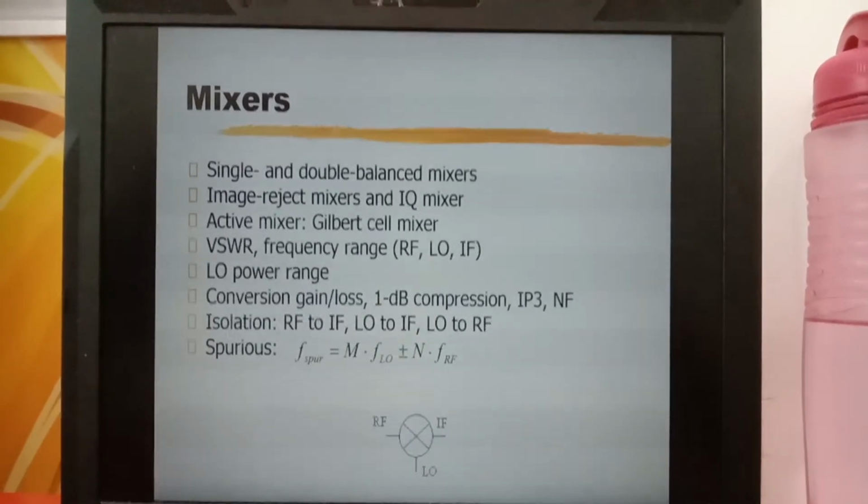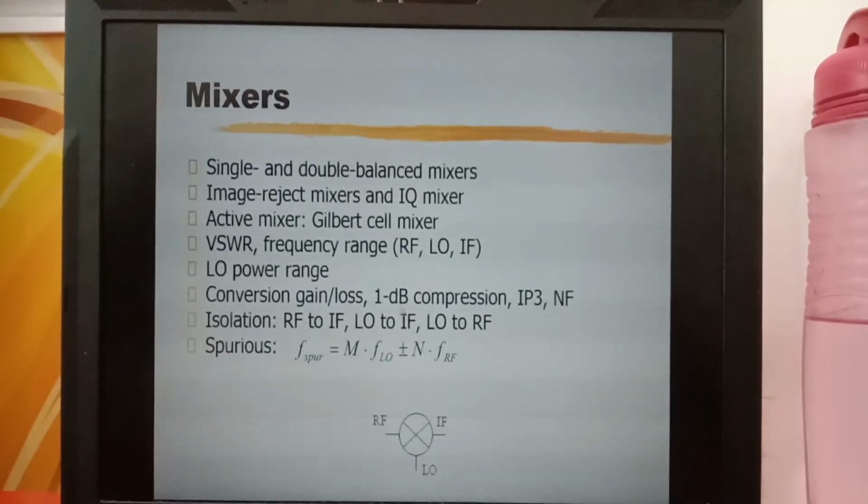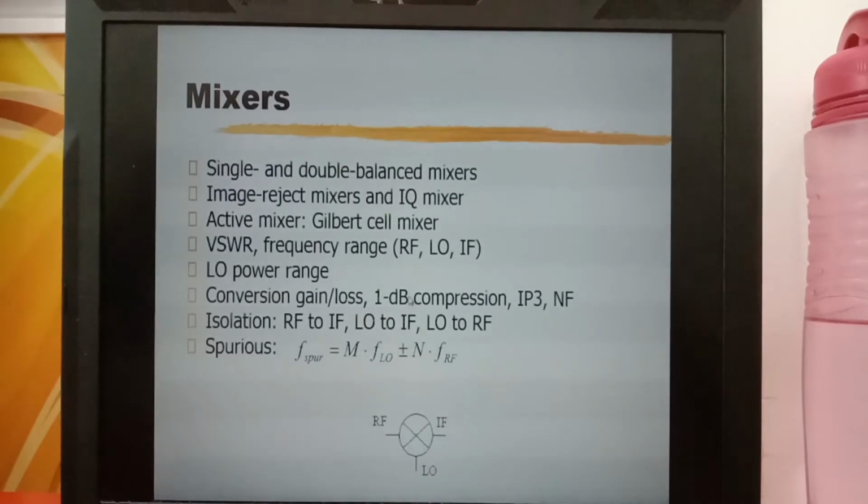When a mixer is operated beyond the 1 dB compression point, or if the mixer does not have a good performance, such as the case of a single balanced mixer, we may get some spurious output, which is basically intermodulation between the various inputs to the mixer.